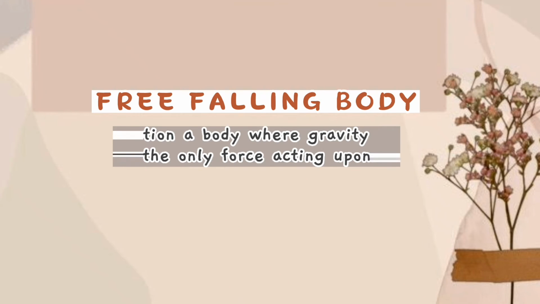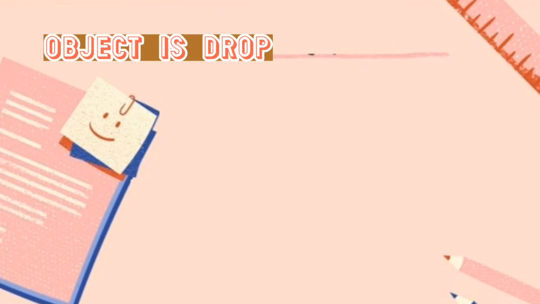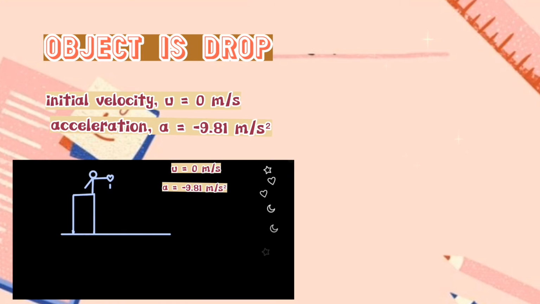One example of kinematics is the free falling body. Free fall is the motion of a body where gravity is the only force acting upon it. In kinematics, we have three situations in which free fall may occur. The first situation of free fall is when the object is dropped.